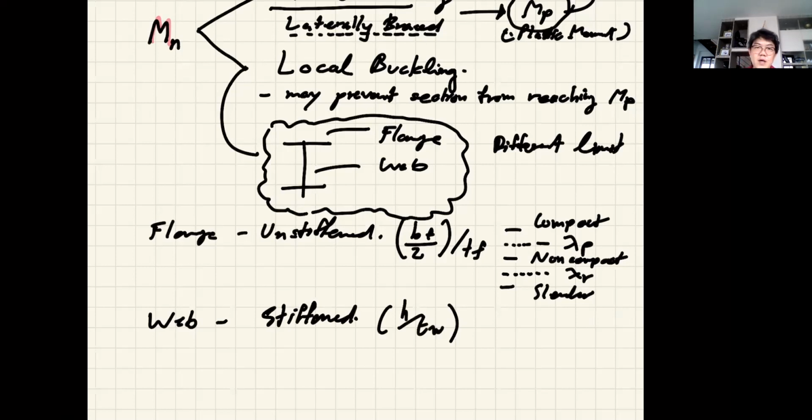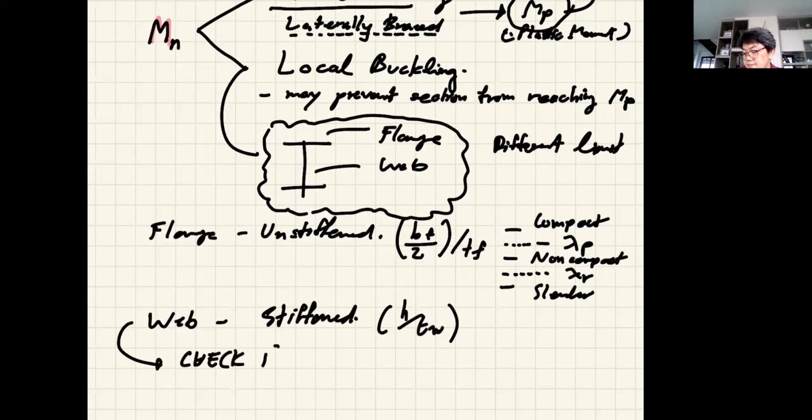Okay. Now, let me tell you right away, listen carefully, the design of the flexural member by AISC, they sort of categorize the web first. You need to always check the web first.